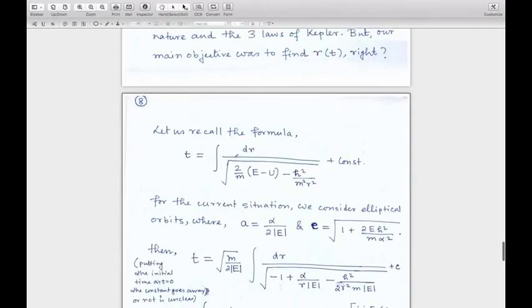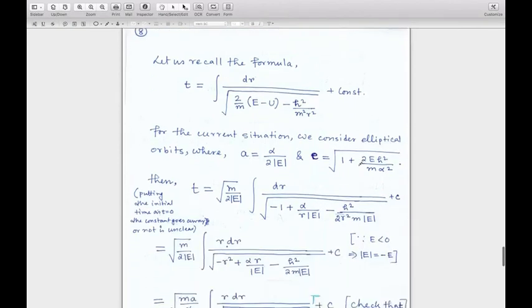Then let us recall the formula. T is equal to integration dr over square root 2m (E minus U minus h square by m square r square) plus a constant of integration. Now for the current situation, we consider elliptical orbits where a is equal to alpha by 2 mod E and e, small e, that is the eccentricity, is root over 1 plus 2 capital E h square by m alpha square.